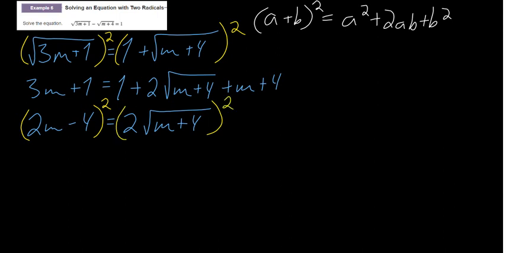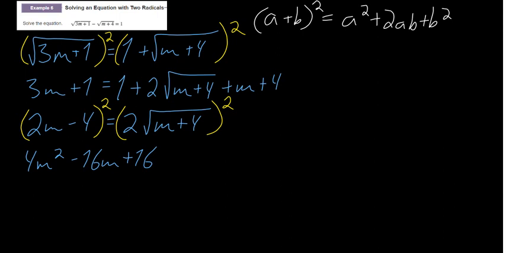So the left side becomes a squared, which is 4m squared, minus 2ab, so it's going to be minus 2 times 2, which is 4m, 4 times 4 is 16, so it's going to be minus 16m, and then plus 16. 2 times 8, yeah, okay, good.